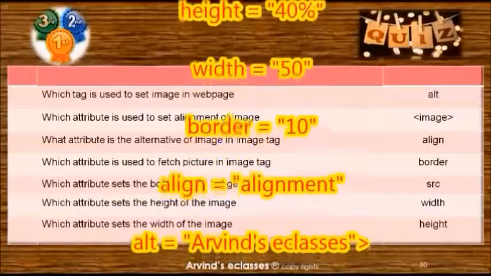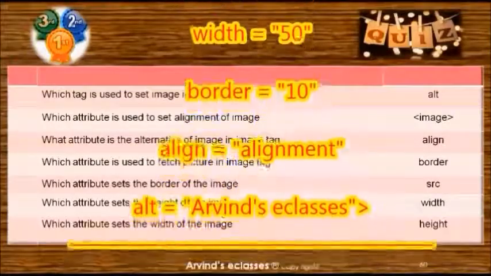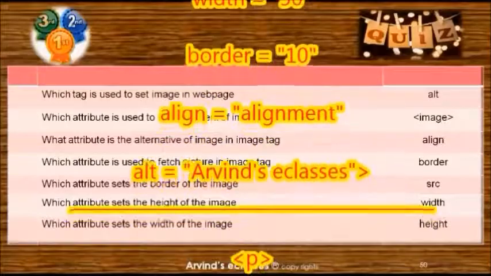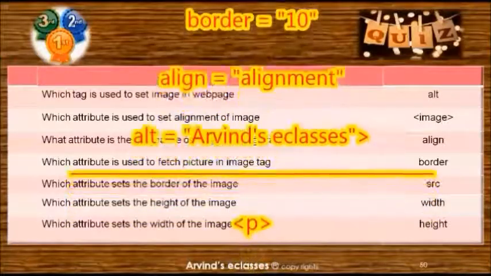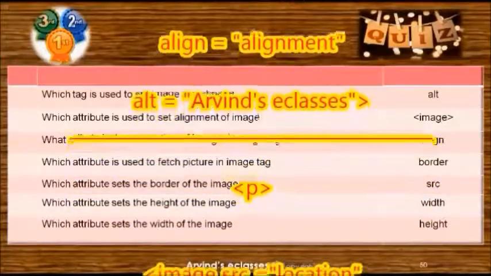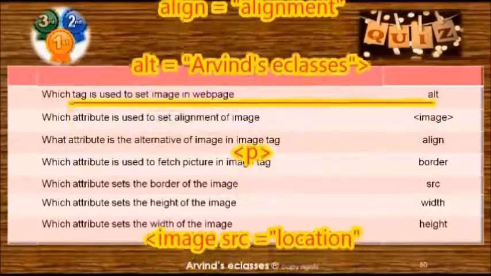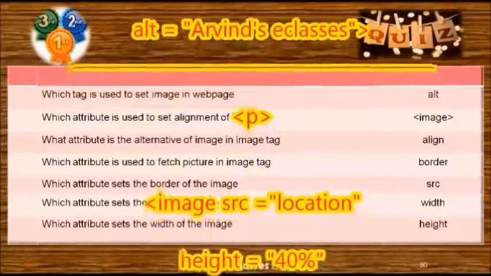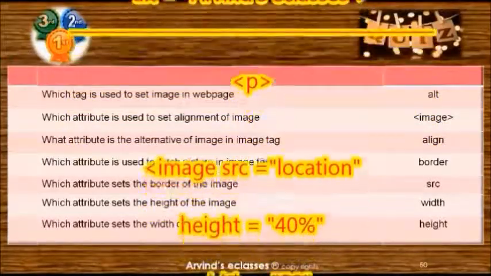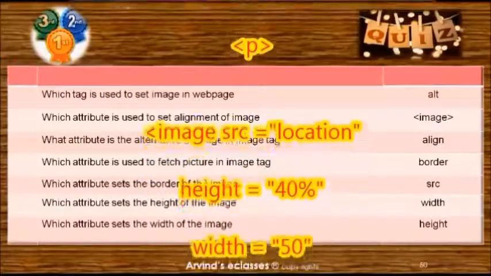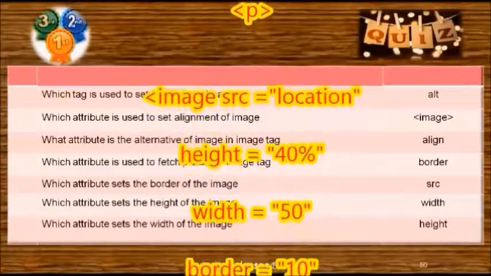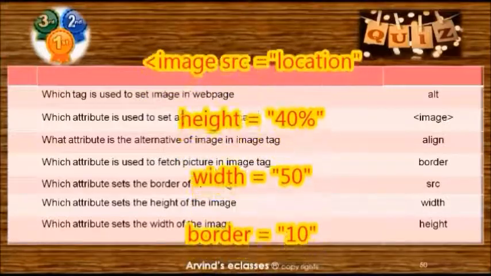And next was your align, it sets the alignment of your image on a web page: left, right, top, middle and bottom. It has 5 values. The last was your alternative, that sets text in case your image is not able to display on your web page due to some technical problem.